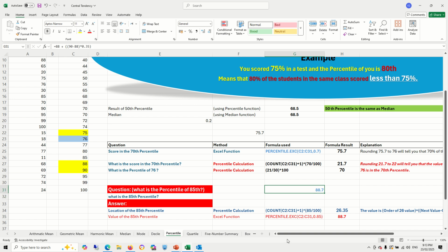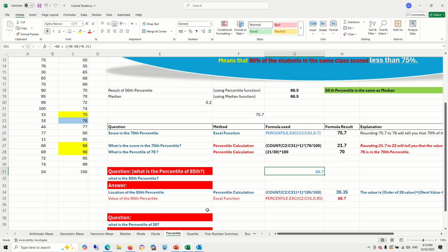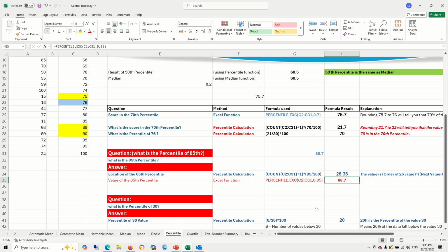It gives us 88.7, and this is exactly the result which we got using the Excel formula for percentile.